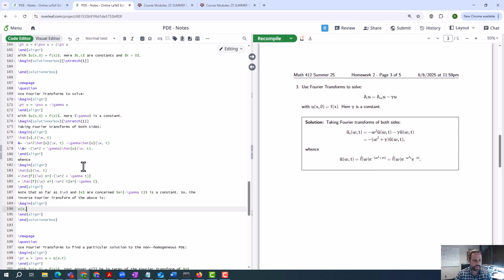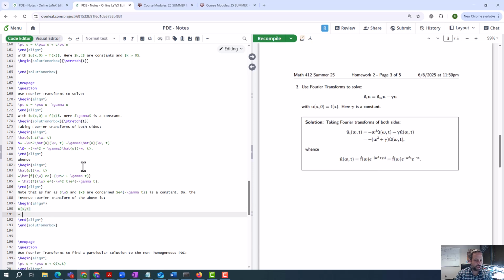So u of x, t equals e to the minus gamma t times the inverse Fourier transform of this part. I'm going to write that out to be a little explicit. This is the inverse Fourier transform of this part here, but we know what that is. That's just the heat kernel.